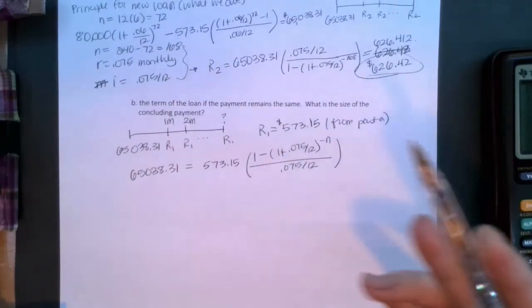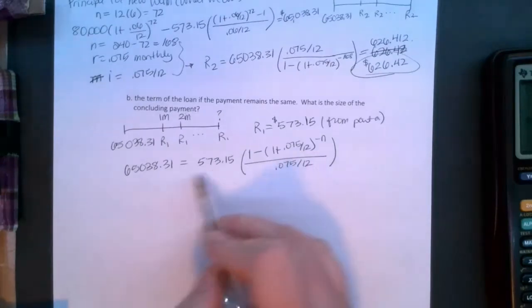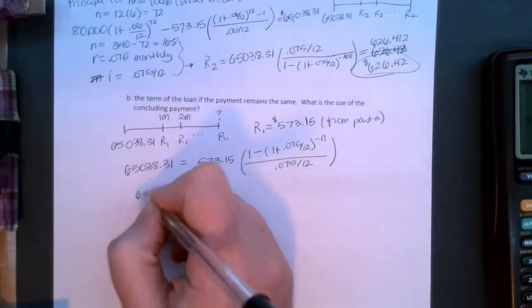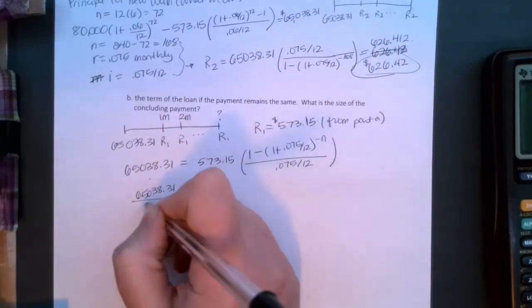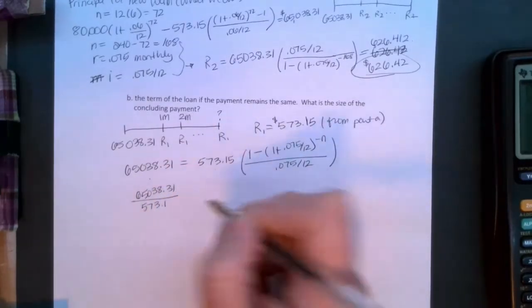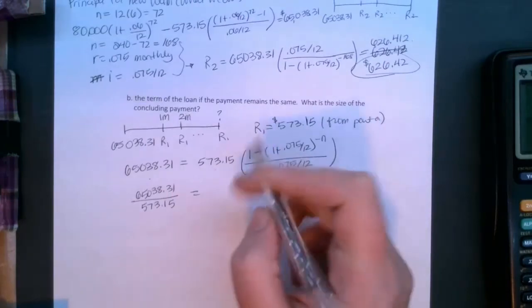Okay. So first step is we divide by this. This time there are no nice numbers to cross off, so we're stuck with a pretty yucky fraction, but that's okay.